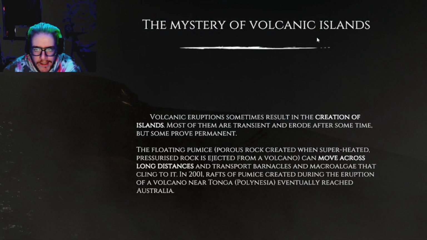The mystery of volcanic islands. Volcanic eruptions sometimes result in the creation of islands. Most of them are transient and erode after some time, but some prove permanent. Floating pumice, porous rocks created when superheated pressurized rock is ejected from a volcano, can move across long distances and transport barnacles and macroalgae that cling to it.